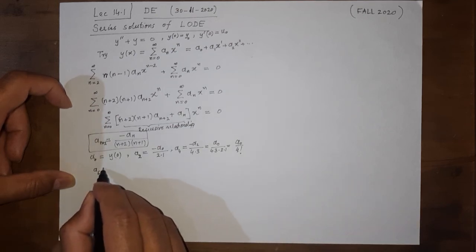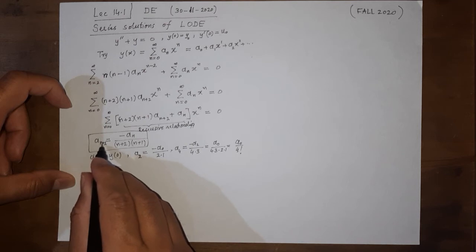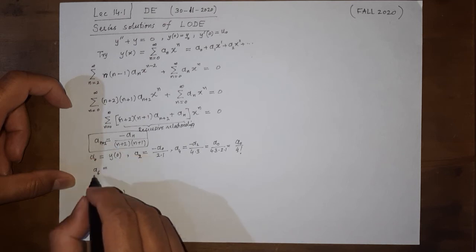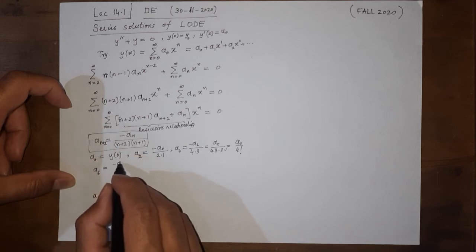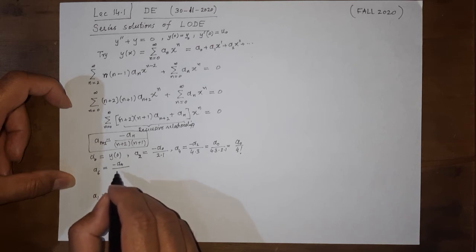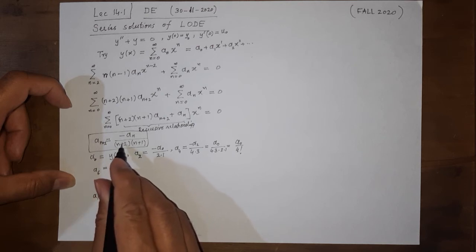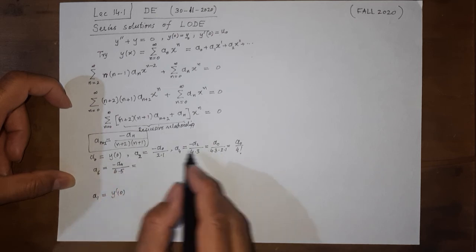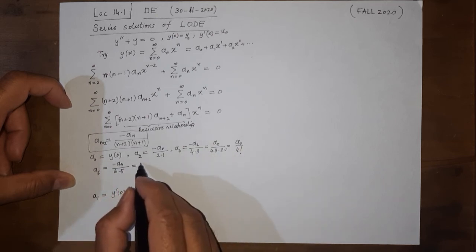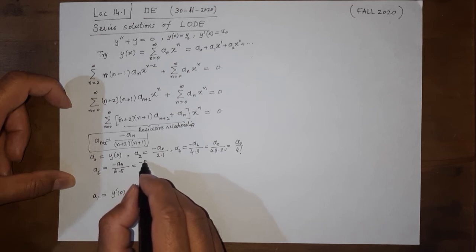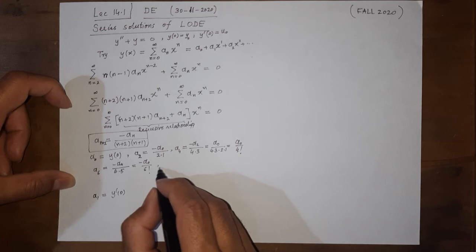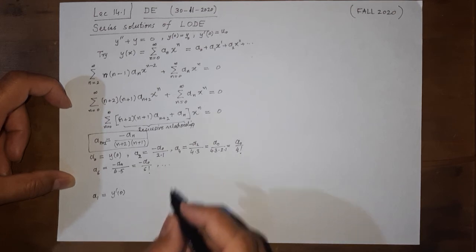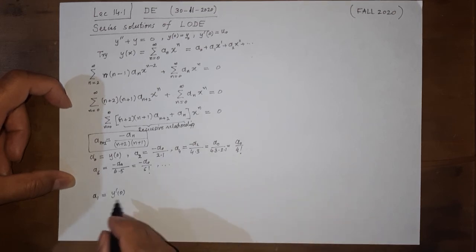So a6 by this formula, for n equal to 4, putting n equal to 4, we get a6 is equal to minus a4 over (4 plus 2) 6 into 5, which in turn is minus a0 over 6 factorial, and so on. a8 and a10 and a12 and so on can be found.